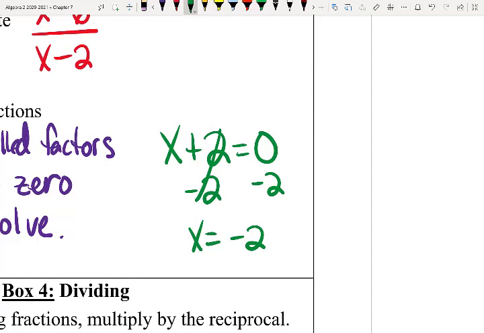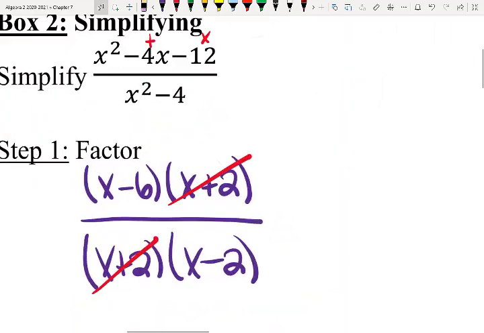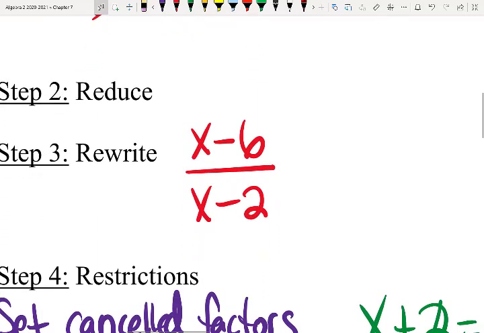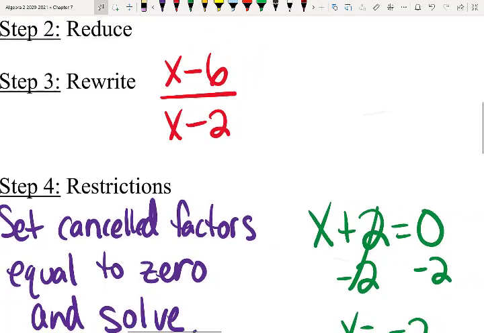If I plugged -2 into my original problem, it would have given me a 0 in my denominator, which makes sense. -2 squared is 4. 4 minus 4 is 0. But if I plug that -2 into my simplified problem, -2 minus 2 is -4, and that's fine. So that's why we have to take that into account.